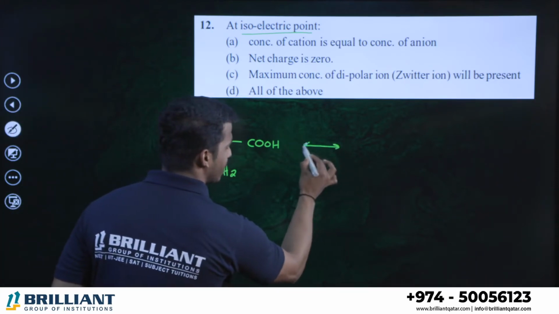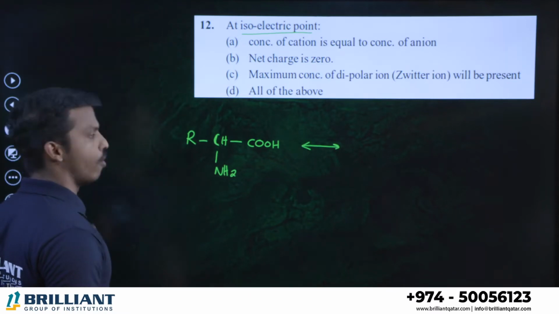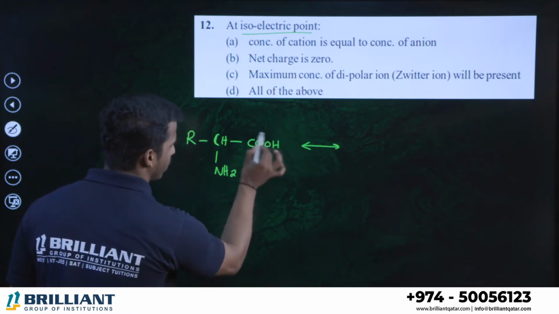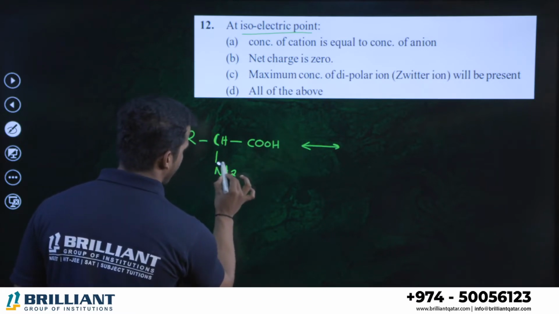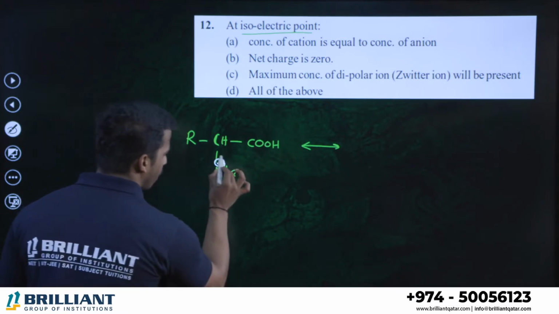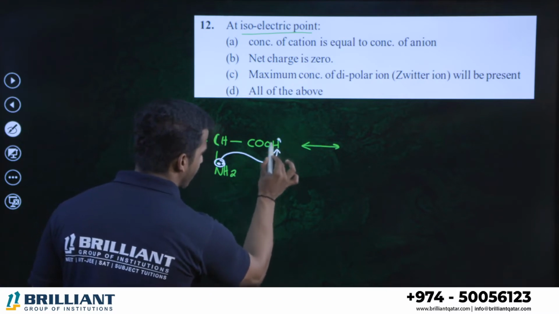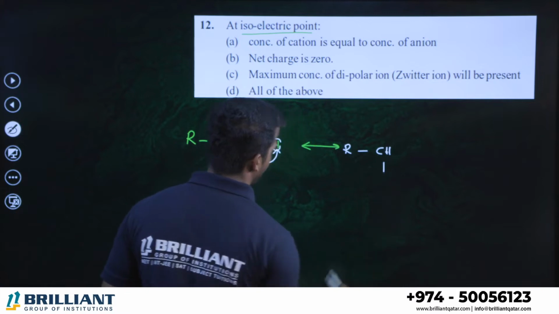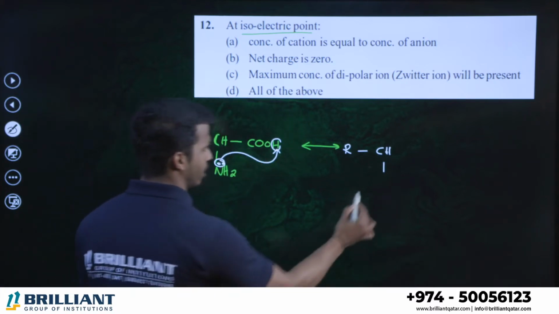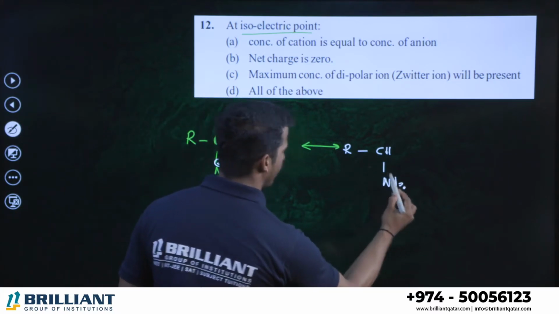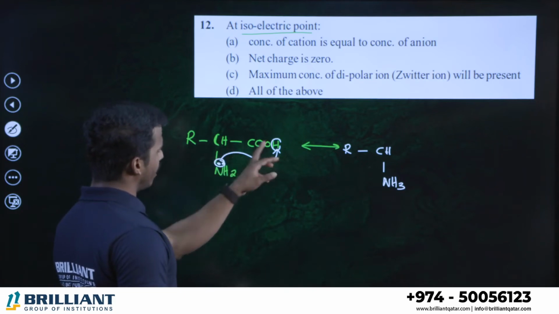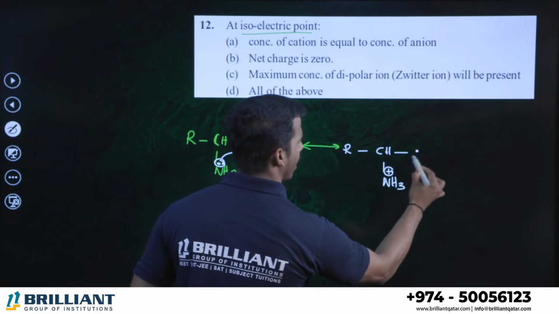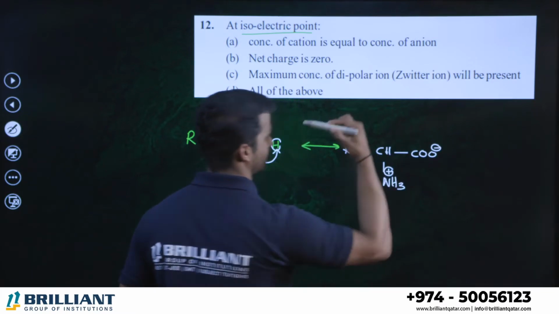You know, amino acid can exist in a Zwitter ionic form. How? Here the nitrogen amine part is basic in nature, COOH is acidic in nature. Nitrogen contains a lone pair. By donating this lone pair, it can abstract this hydrogen. So you will get RCH NH3 plus, it takes the hydrogen and gets a positive charge, and here we have COO minus.